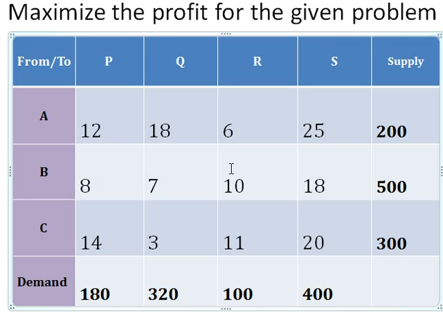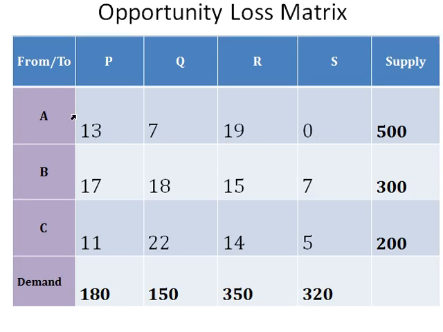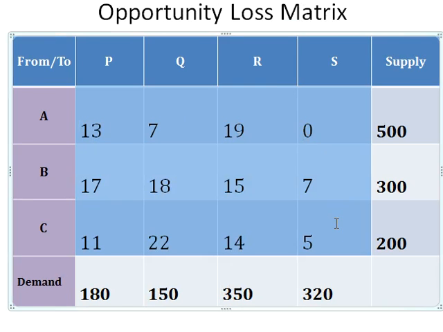Our newer matrix will give you all these values as you can observe. Now when we apply the transportation algorithm to this newer matrix, we will automatically obtain lower values. So we can fit this into our transportation algorithm system.